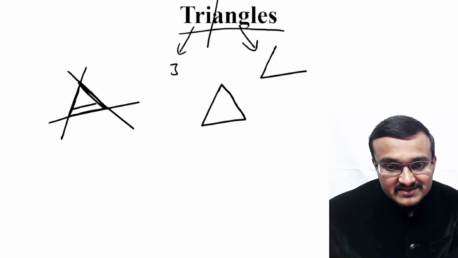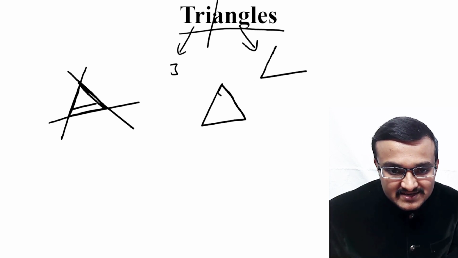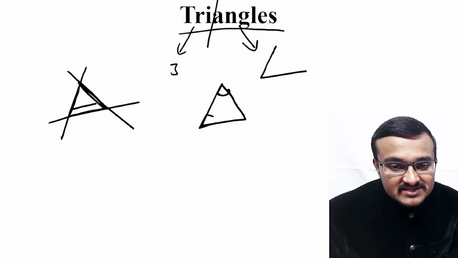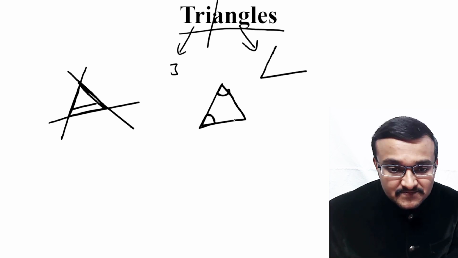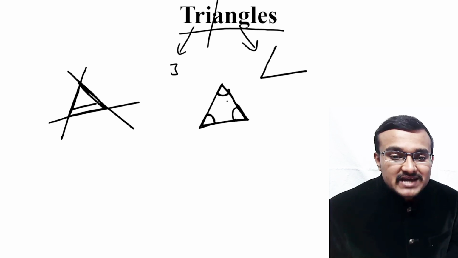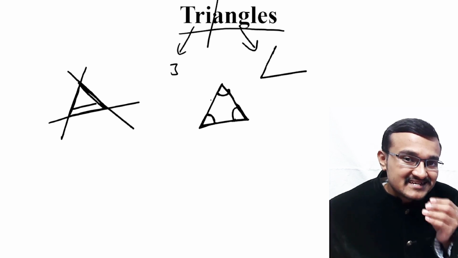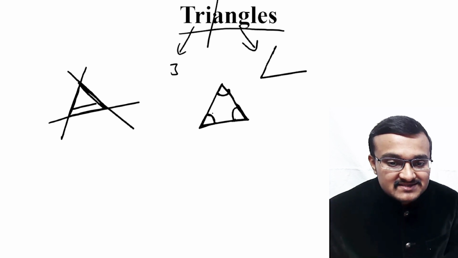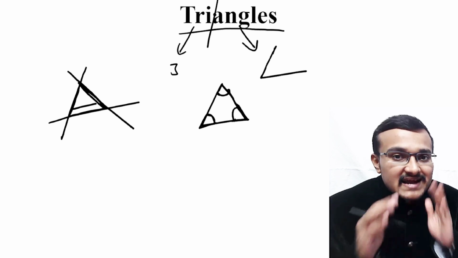Here, when these two straight lines are intersecting, one angle is forming. When these two lines intersect, here one angle is getting created. When these two straight lines meet, here also one angle is getting created. So clearly you can see three interior angles are formed when these three straight lines form a triangle.